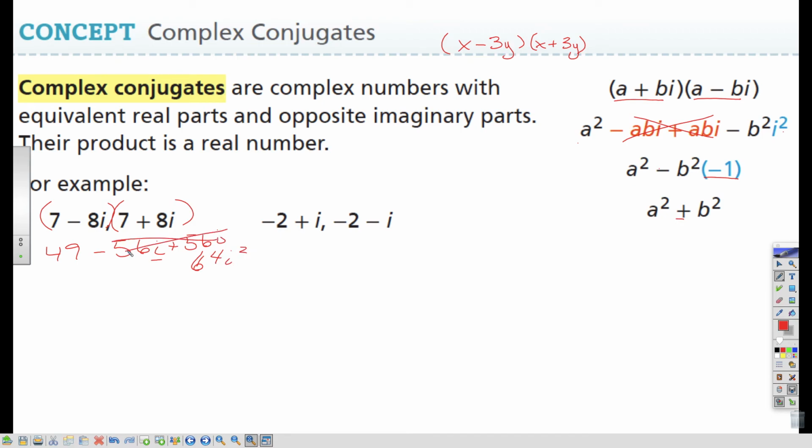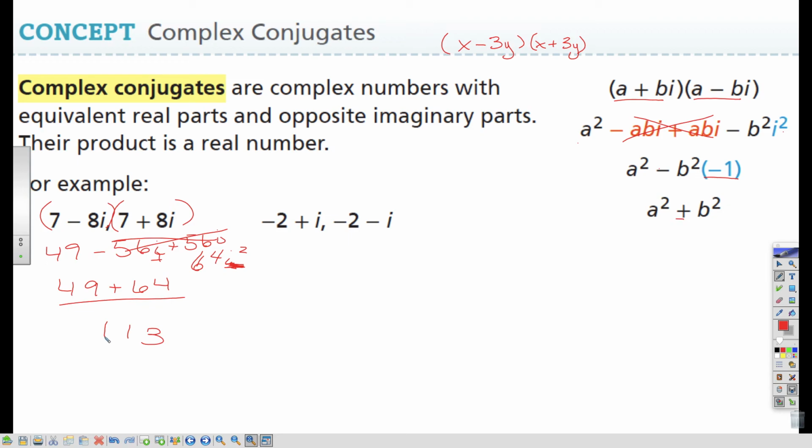Middle two reduce out. What does this do? -1, so it makes it a positive. So I have 49 plus 64, so 113. So I came up with a real number. Okay, that's the purpose of complex conjugates, is to get a real number.